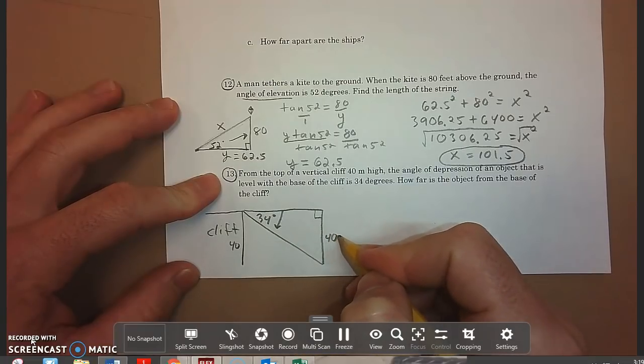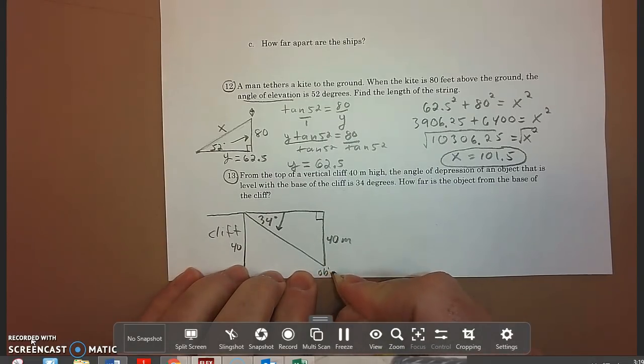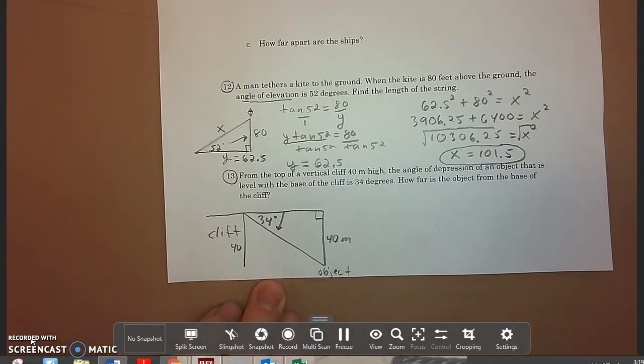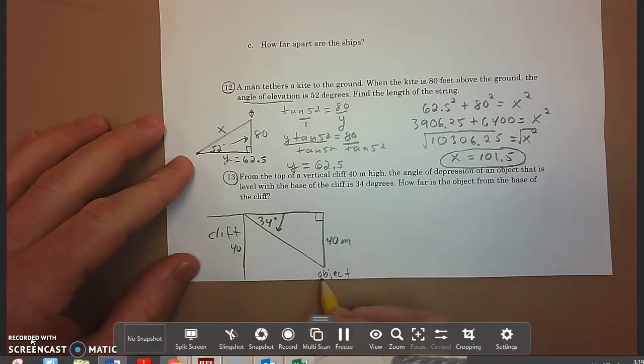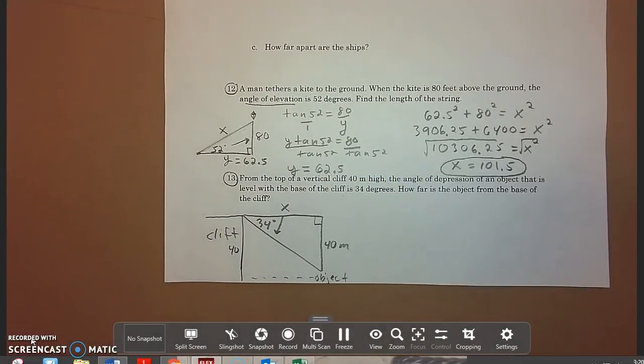It asks us how far is the object. My object's right here. How far is the object from the base of the cliff? I want to know this distance here, which is going to be the same as this distance up here. So now I have my diagram.